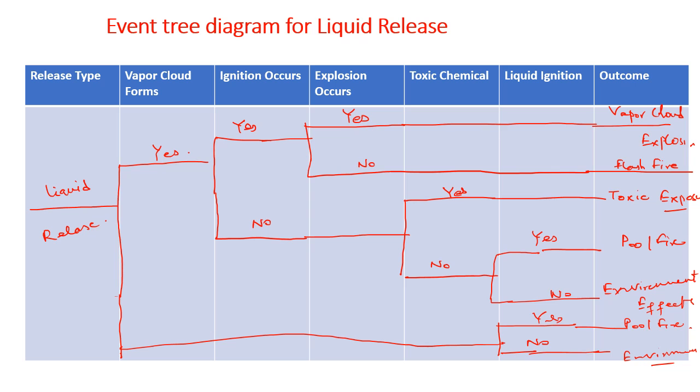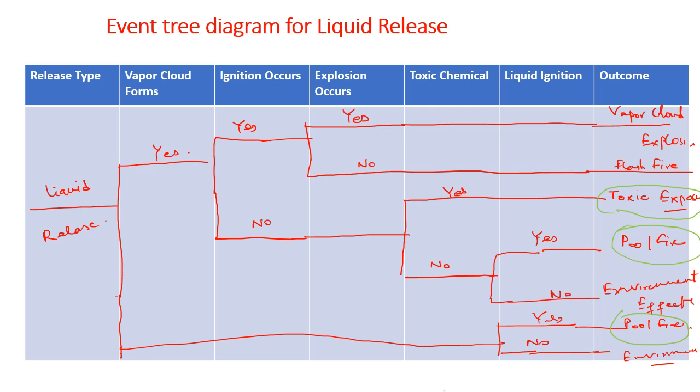So in case of the liquid release, if it does not catch fire but just spreads into the atmosphere, it is mostly environmental effect. If in the liquid form it gets contained in some dike or some low elevation areas and then catches fire, it will create the pool fire mostly. And if the material is toxic, then there is a chance of toxic exposure.